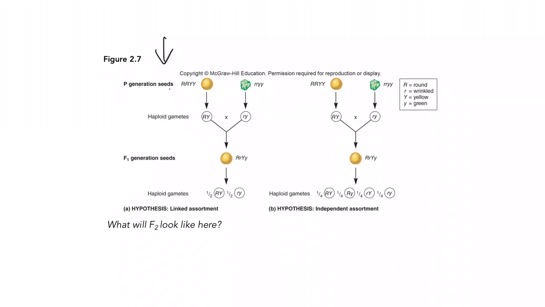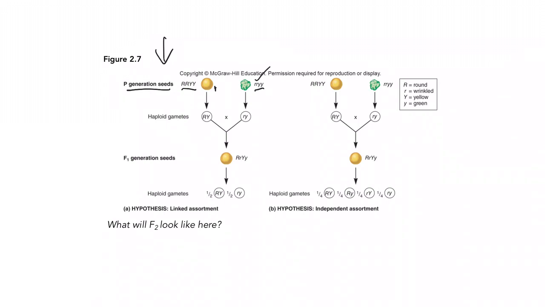Now again, what we're starting out with is our P generation. These are true breeders, meaning that they're homozygous for both of the traits for these characters. So we've got round and yellow here, and then wrinkled and green here.